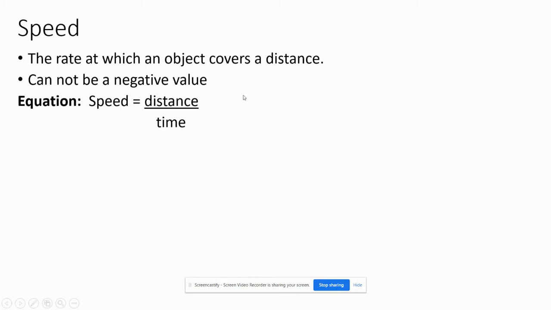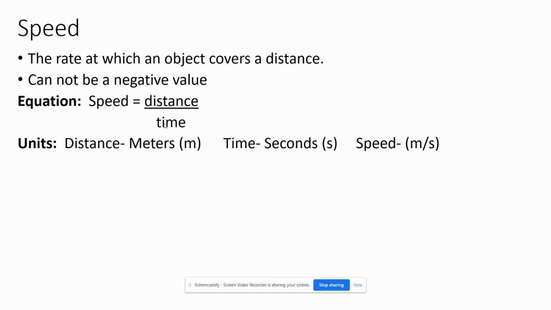So the equation, write it down, is speed equals distance divided by time. So distance over time means distance divided by time. The units we use: distance is in meters. So this is our standard unit, meters. Time is in seconds. That means speed's standard unit is going to be meters per second.